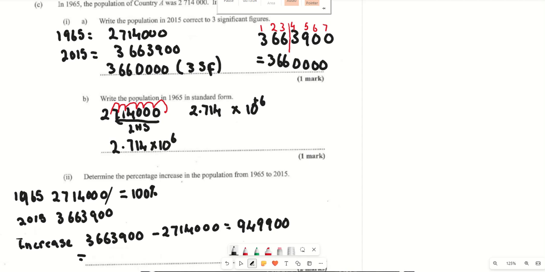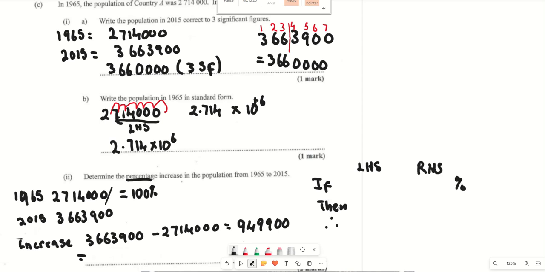We want to know how much is 949,900. We have the left-hand side and right-hand side. The right-hand side tells us what we're trying to find out. We're trying to find out percent, so the right-hand side is percent.